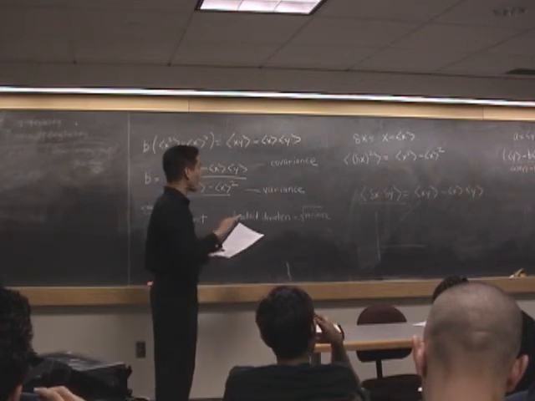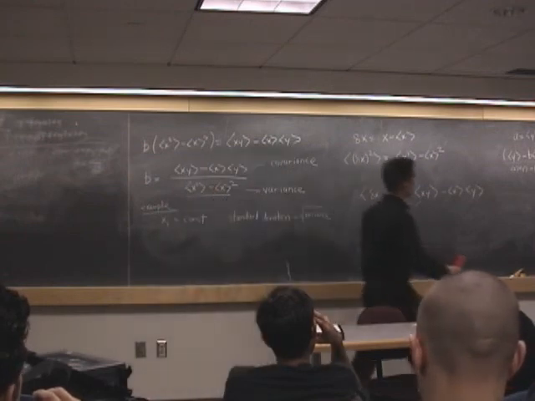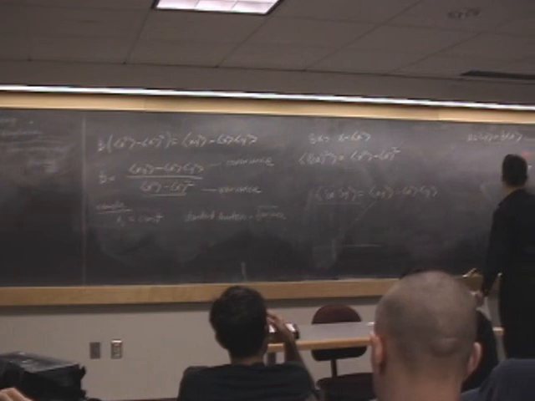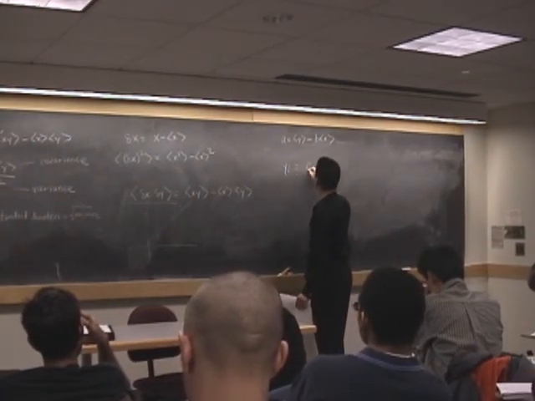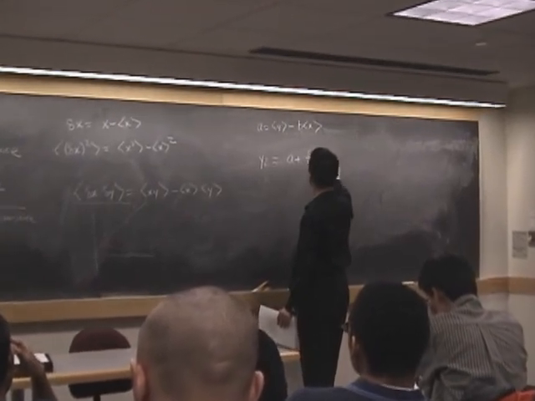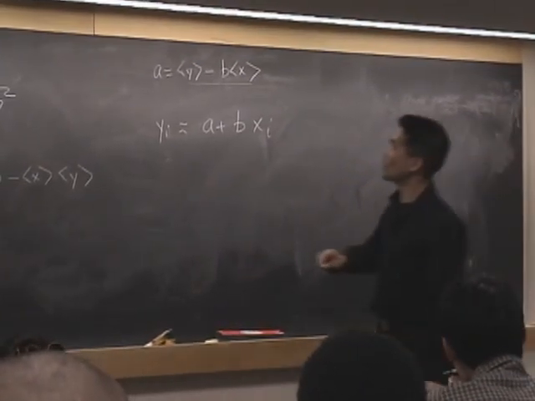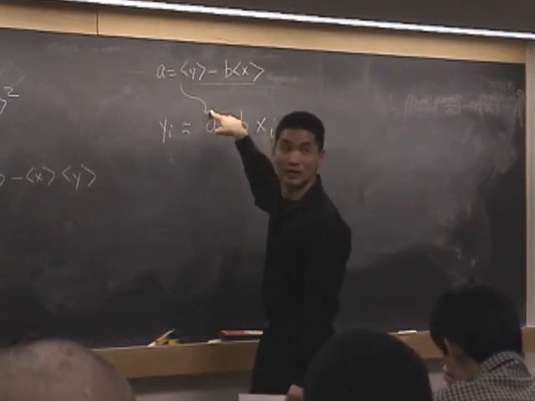Now, before we go on, I want to show you one more way of looking at the problem. Remember, we're trying to make this model fit. So what if I substitute this expression into here?